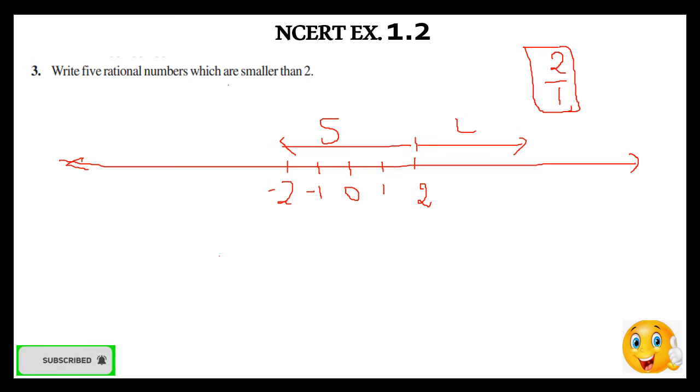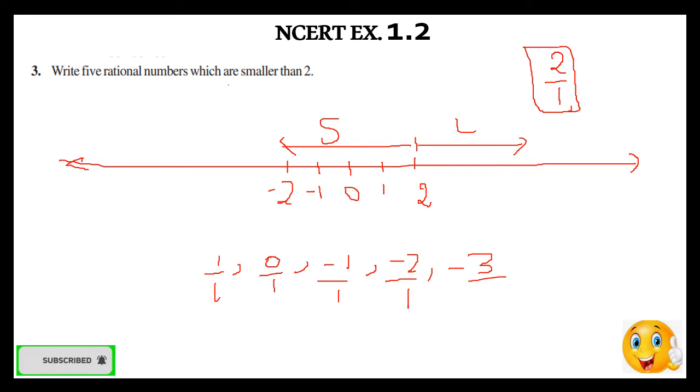that you can say 1, 0, -1, -2, -3. So these are the integers, but all integers are rational numbers because we can take the denominator as 1.